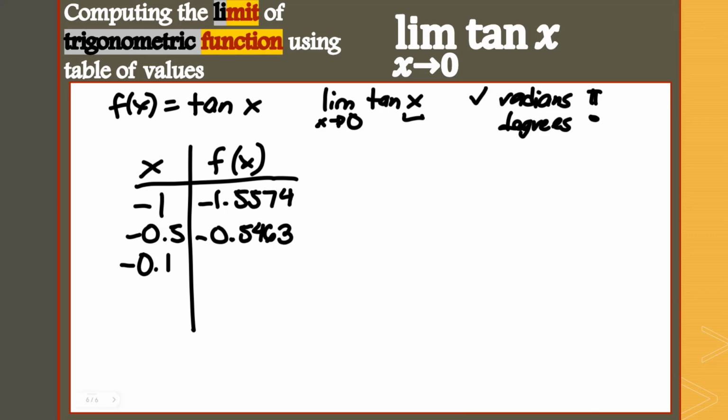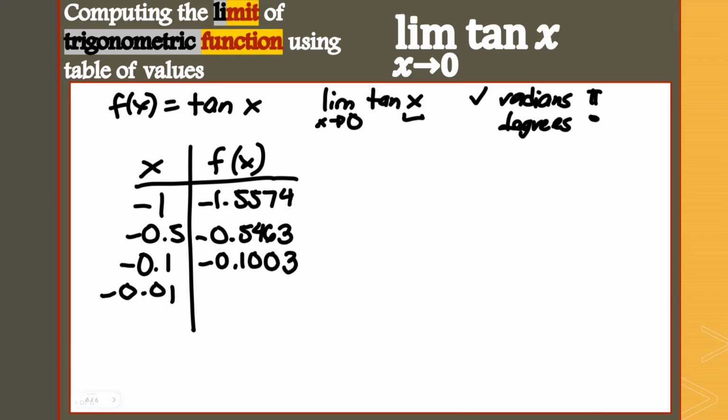So as you can see, from -1.5574 it increases to -0.5463. Take note of what is increasing or decreasing in terms of negative values. Let us look further as we try -0.1. In your calculator, you will have an approximated value of -0.1003.